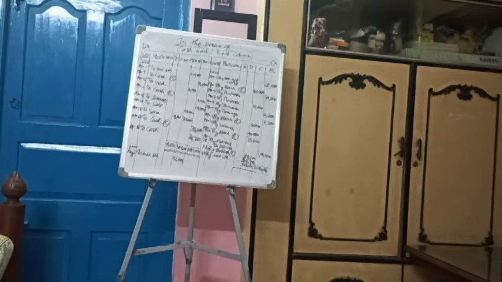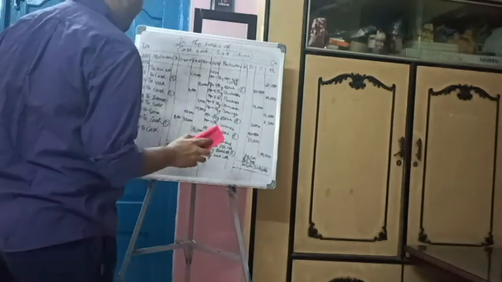I hope you have understood. I hope you have understood this sum. So now a trivia I am giving you. So always remember this point. So I am rubbing this sum.